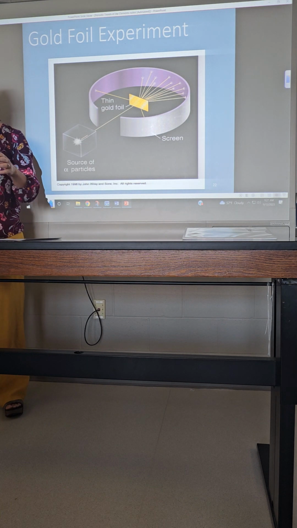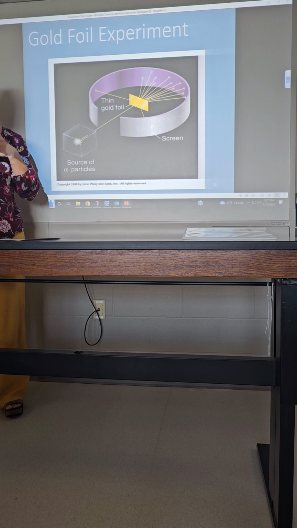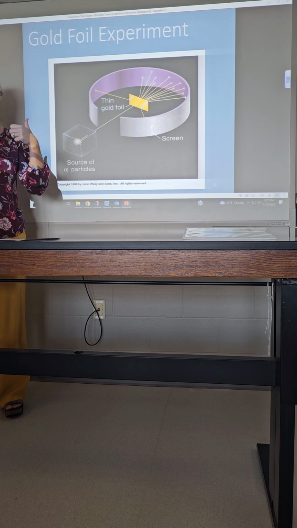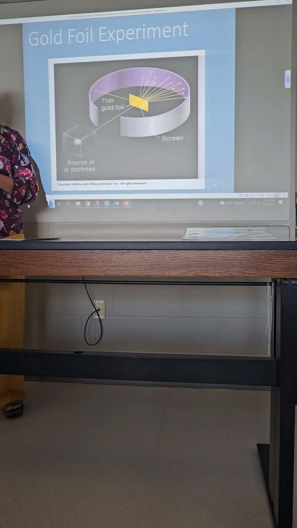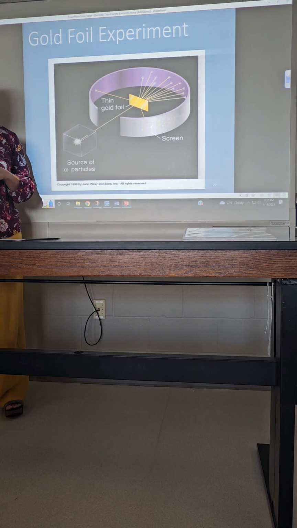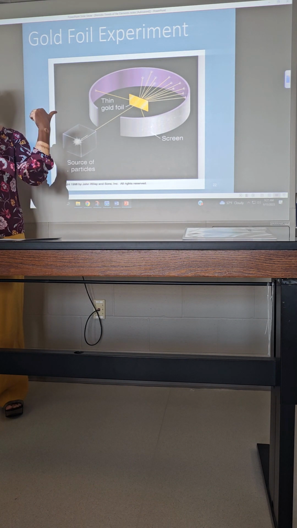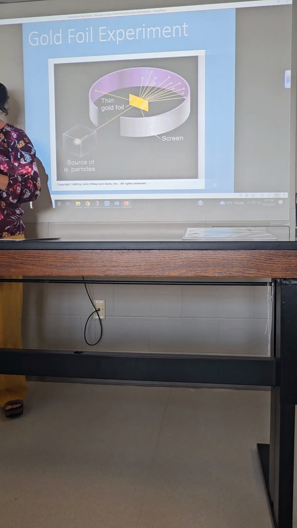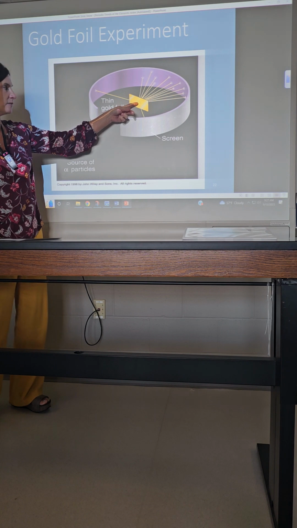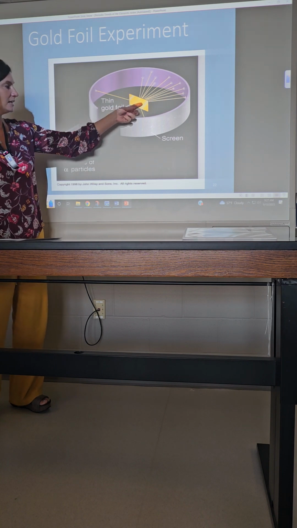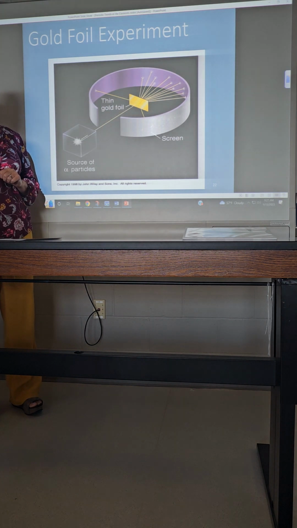Now, what would make a positive alpha particle repel? What charged item? A positive item would cause a positive alpha to repel, to move away. And that's exactly what happens. So if it hits a positive, it bounces it back.